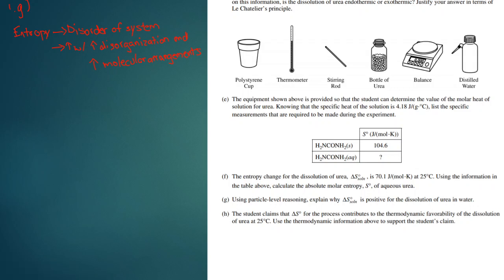And so, how exactly do we use particle level reasoning for this? Well, what can we say? We can say that if you consider aqueous urea, urea in water, it's definitely more unorganized.